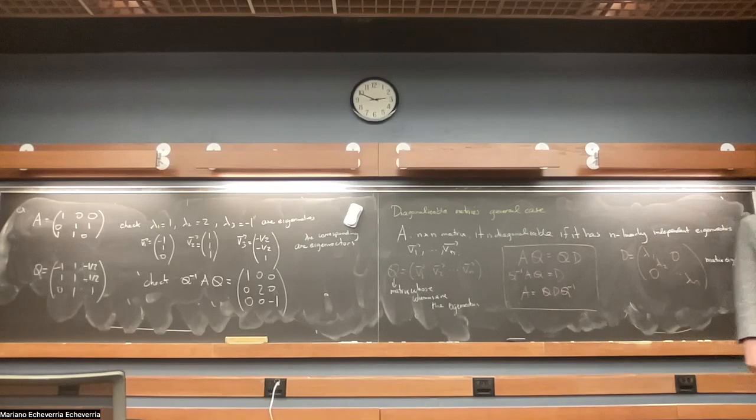And then later, towards the end of the course, there's another big theorem in linear algebra that says that a matrix which is symmetric, if you remember, a symmetric matrix is one where A equals A transpose, all symmetric matrices are diagonalizable. That's one of the biggest theorems in linear algebra.